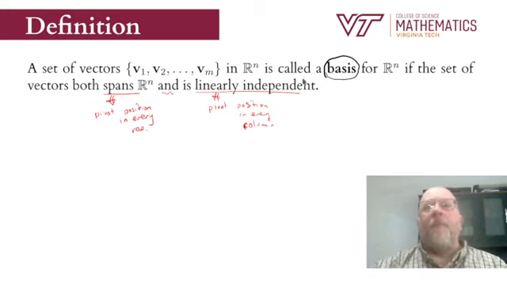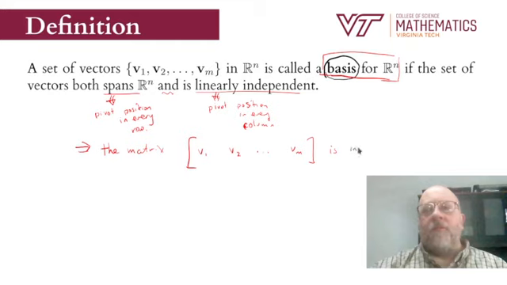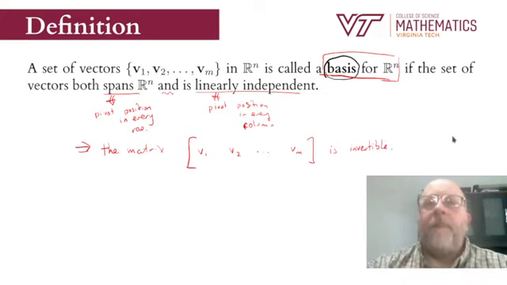And so, in order to be a basis for Rn, both of these things have to be true, which means that if we form a matrix that has V1 through Vm as its columns, it is an invertible matrix. So all of these things are true. But a basis is a spanning set that is also linearly independent.